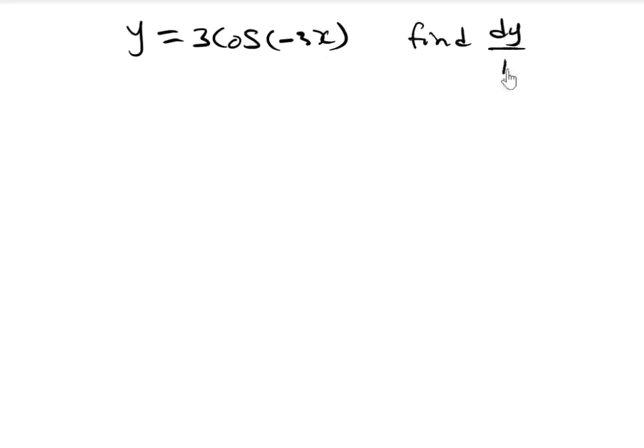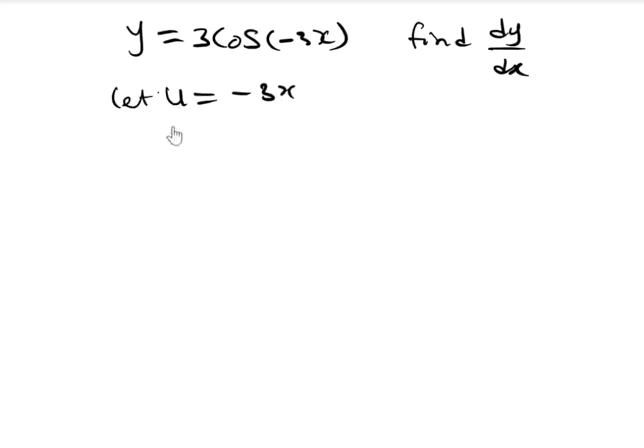Assuming that y is equal to 3 cos of minus 3x, and we are asked to find dy/dx. To solve this, we'll assume u to be this part, which is minus 3x.